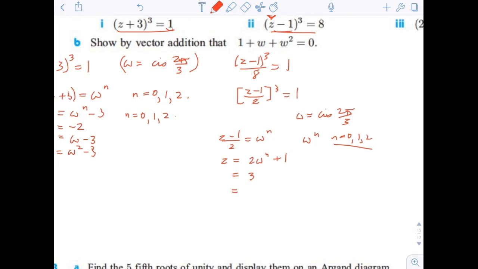And then we'll put n equals 1, so that would be 2 omega to the first, which would be 2 omega plus 1, and omega, remember, is cis 2 pi over 3, plus 1. And then the other one would be 2 cis 4 pi over 3 plus 1. And so those would be the three solutions.